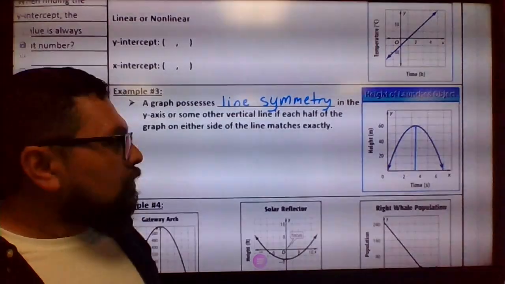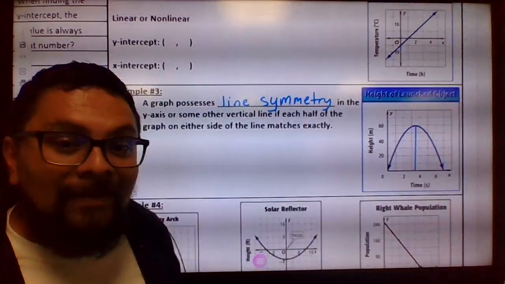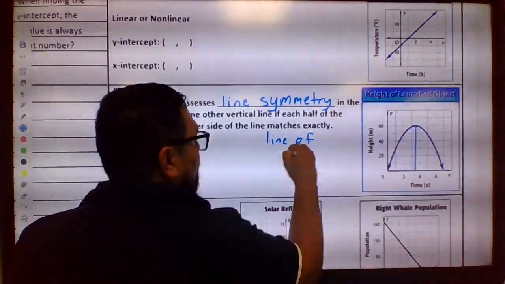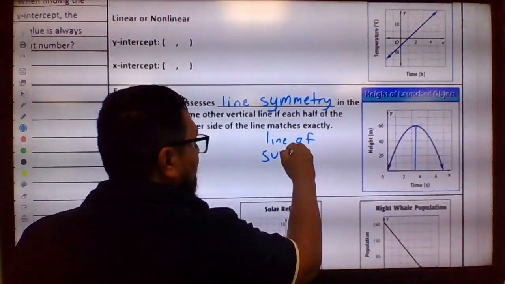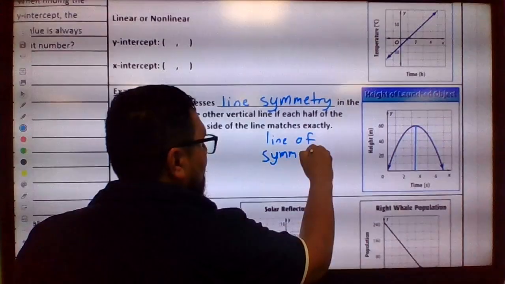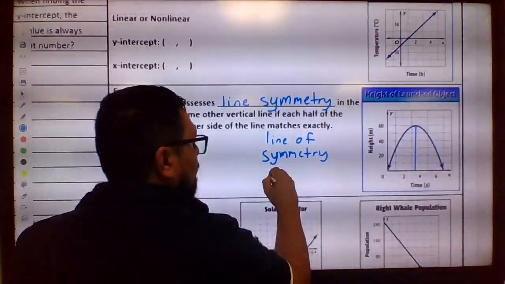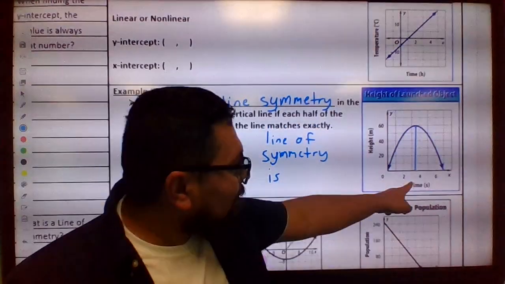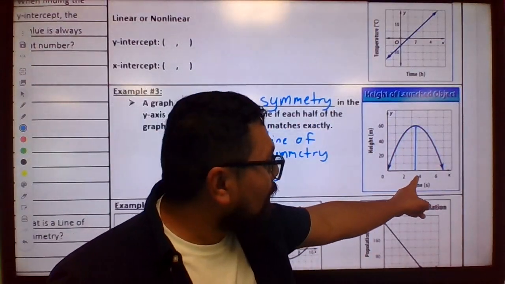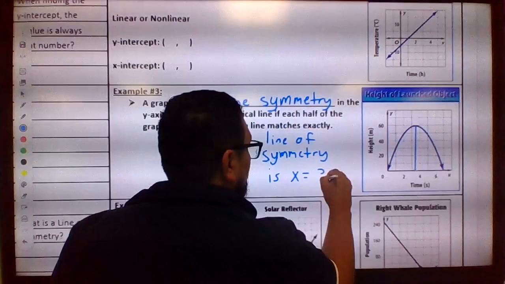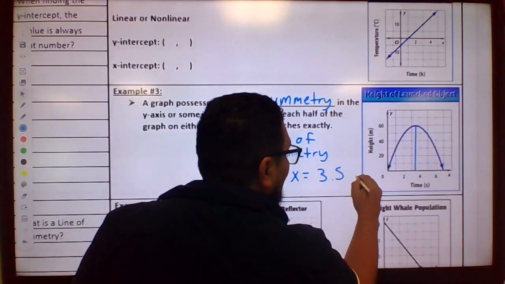So we would state it like this: the line of symmetry for this graph is at x equals, it looks like, 3.5. At x equals 3.5 seconds.